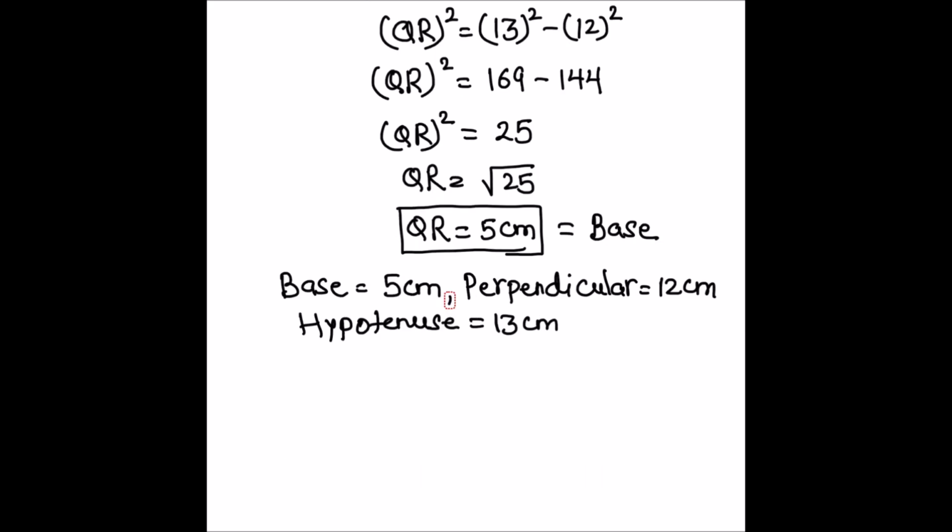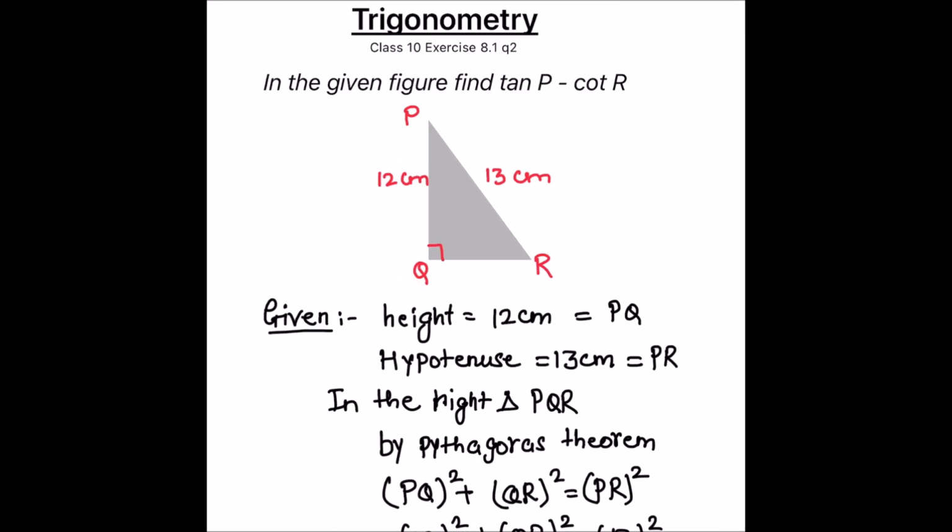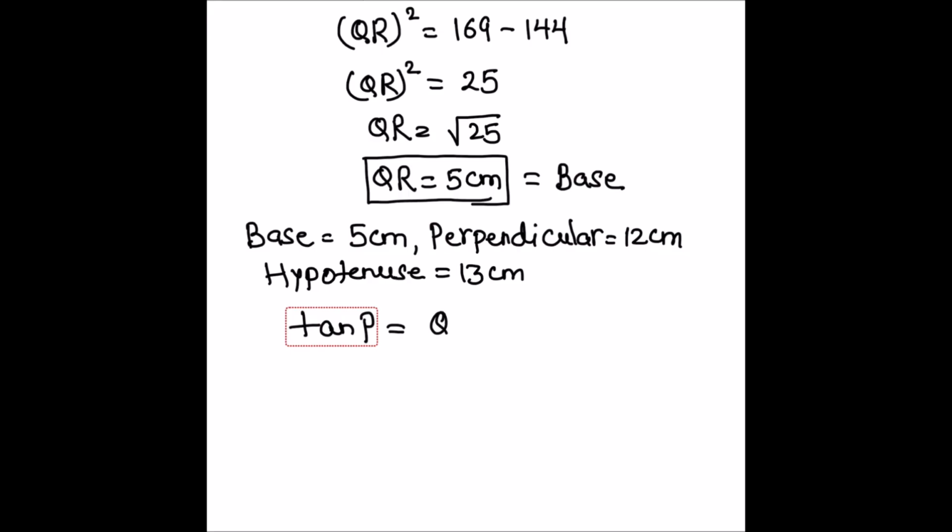Now we can find the value of tan and cot. For finding TanP, we'll check the angle P here. So P is the base angle. We'll check this angle, base angle. So TanP will be QR upon PQ.